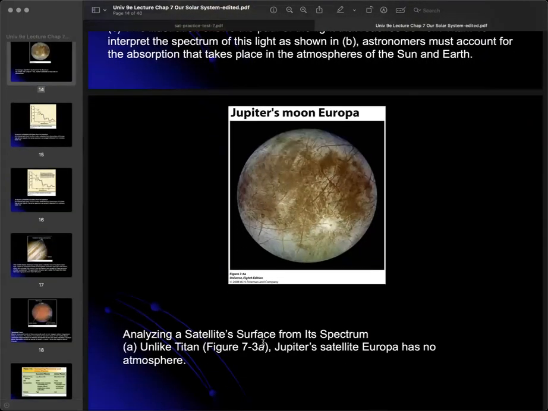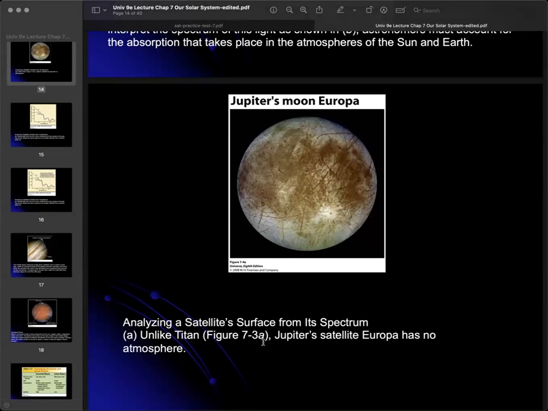Here is Jupiter's moon Europa. Jupiter's moon Europa is also interesting because it is supposed to have liquid water, oceans of liquid water under the surface. And by the looks of it, you can see it is covered by frozen water or ice.